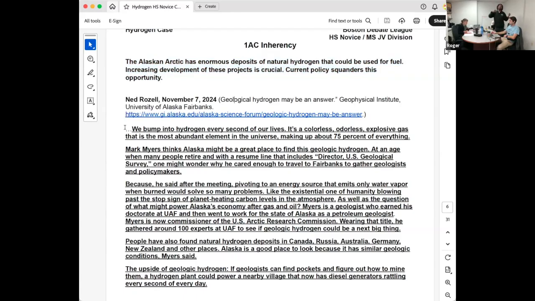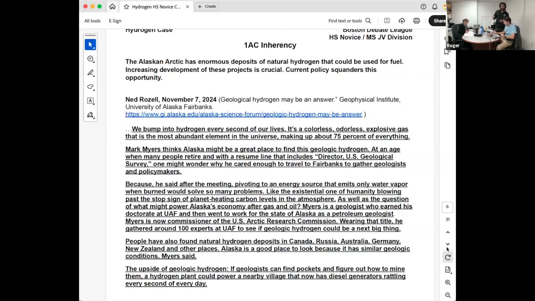It's colorless, odorless. It makes up about 75% of everything. Mark Myers, who's a really legit geologist, someone who studies rocks and the formation of the Earth's structures, believes that there's a lot of geologic hydrogen in the Earth of Alaska specifically. Move on to the next card.